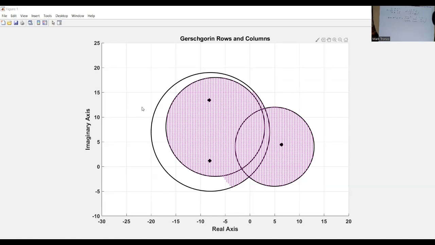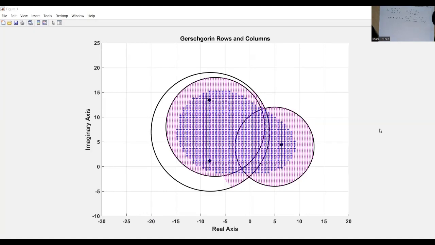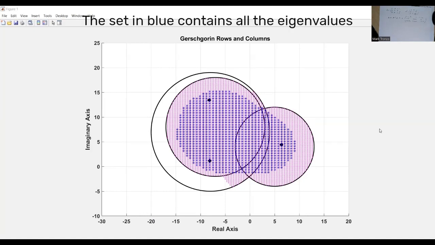And now we're going to take about 20, you can almost consider them random similar matrices, and we're going to intersect all of those and see how small of a Gershgorin set we can get. The blue dots here represent the intersection of those 20 or so similar matrices.